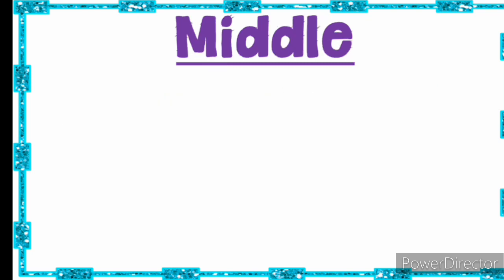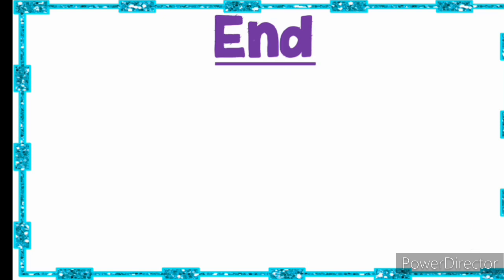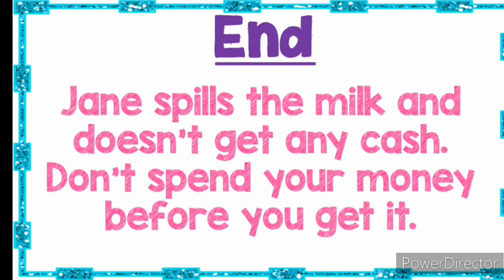Now we have the middle. Jane makes lots of plans to use the cash from selling the milk. The end. Jane spills the milk and doesn't get any cash. Don't spend your money before you get it.